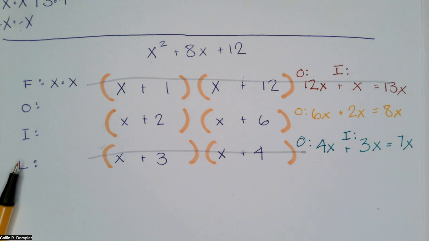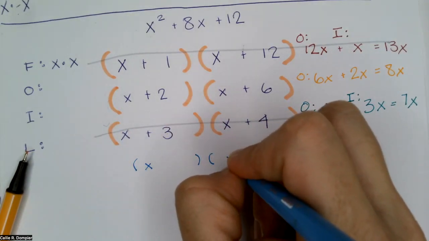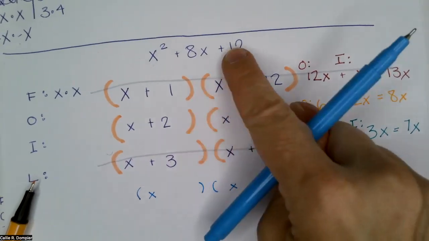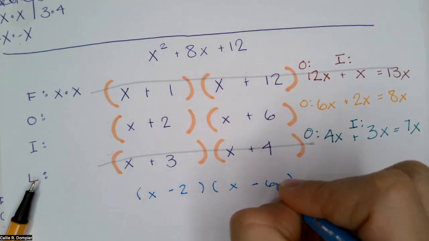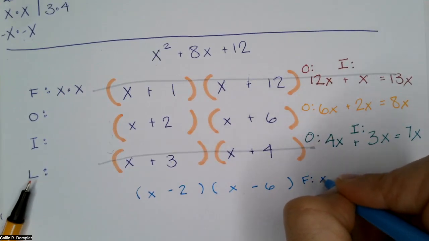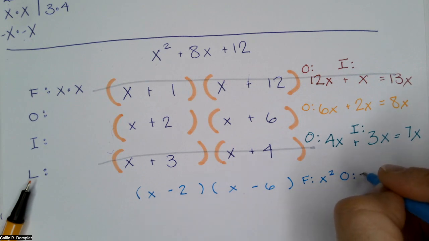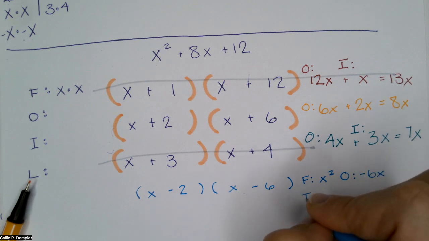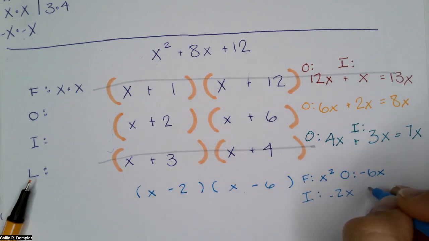If we had used the negative terms, right? If I had said, okay, I think that to get to 12, I'm going to do -2 times -6, right? First, we would have had x squared. Outside, we would have had -6x. Inside, we would have had -2x. And then last, we would have had positive 12.